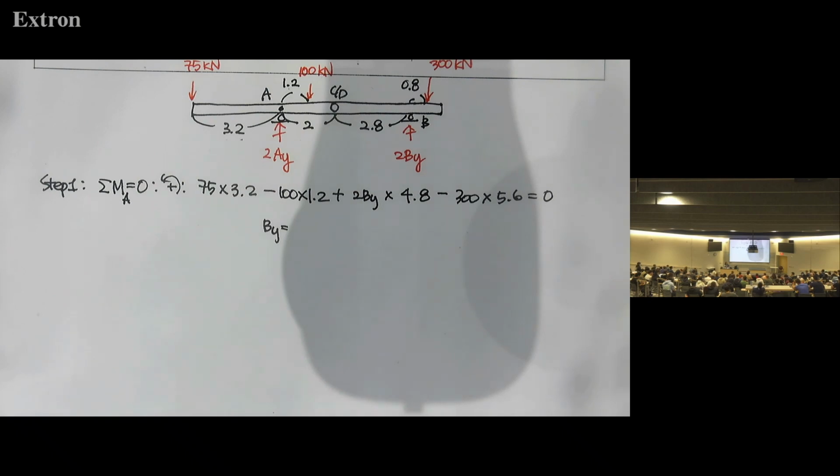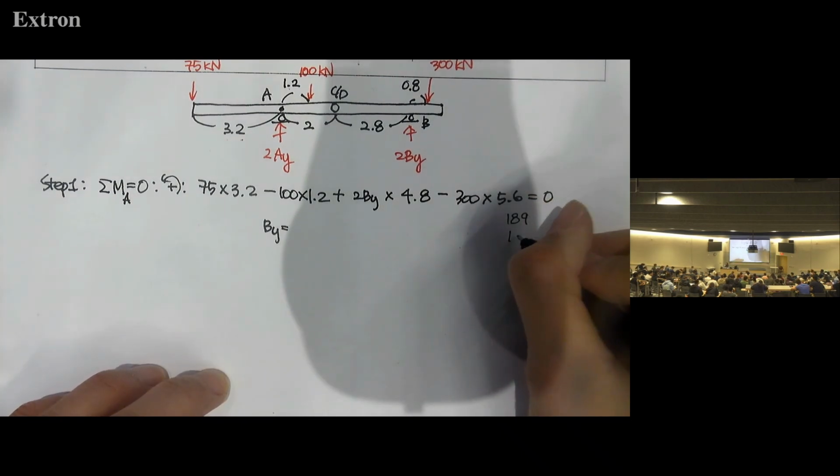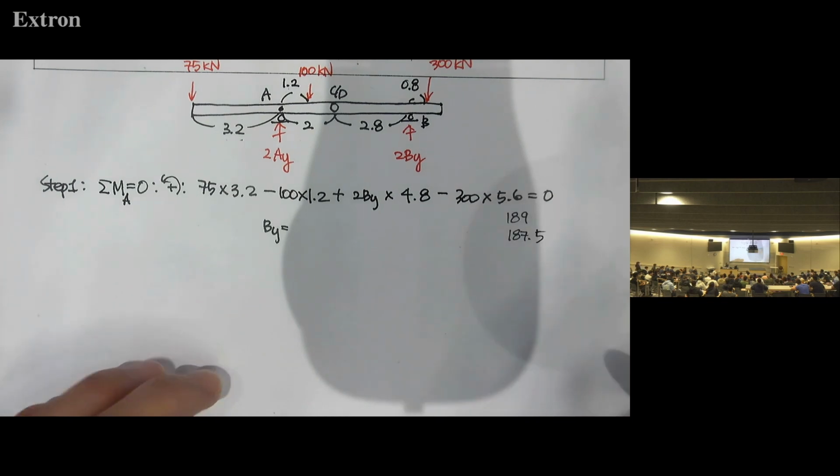What did you get for BY? 189, 185, 187.5, 189, 187.5. Anything else?